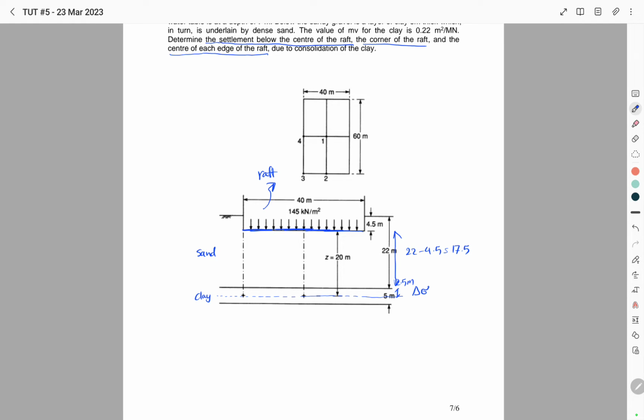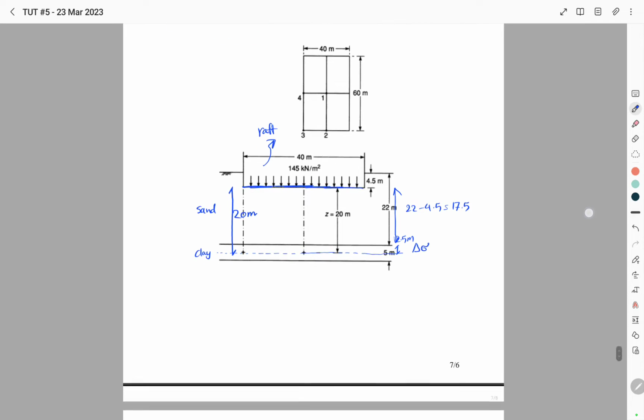So the distance from this point to this point is equal to 20 meters. So at the depth of 20 meters below the raft, we have to determine the change in the effective stress, which we know how to do. We learned it in the previous chapter.